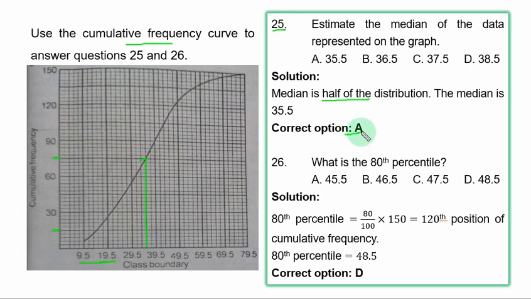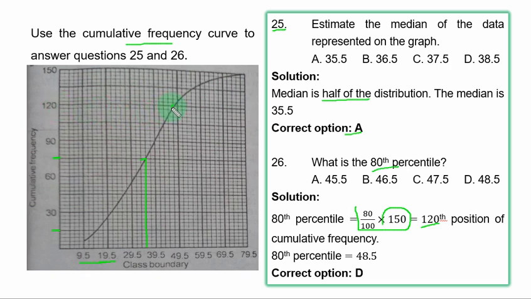The next question, 26. What is the 80th percentile? Now, percentile divides distribution into 100 equal parts. So the 80th percentile is 80 over 100 times the total distribution, 150, and that gives 120 position of cumulative frequency. So this is 120. You trace 120 to meet the curve at this point.